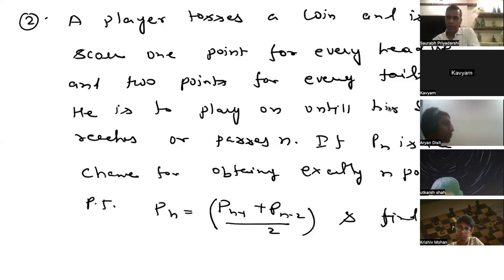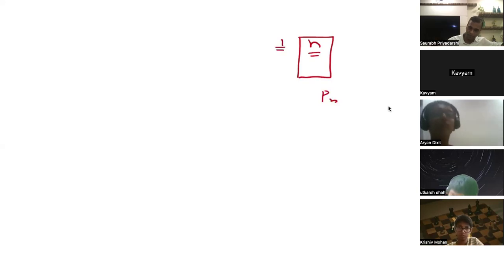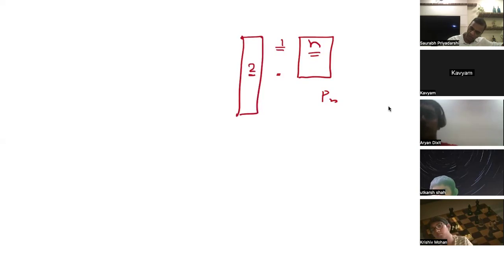See, the question is very simple, right? What they are asking is that we have to get n points. So I have to fix the nth position, that's Pn. This will come after 1 point from this position, or after 2 points from this position.